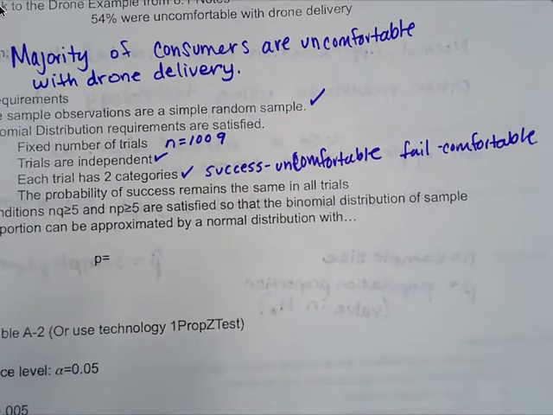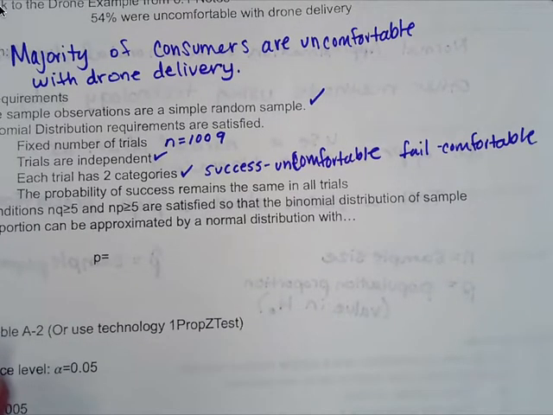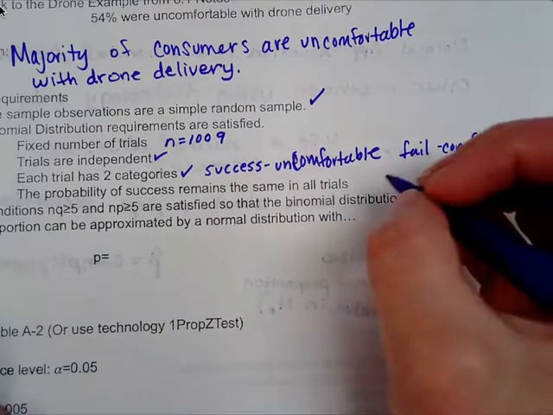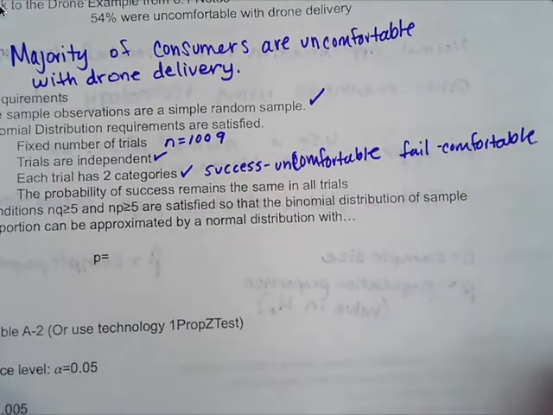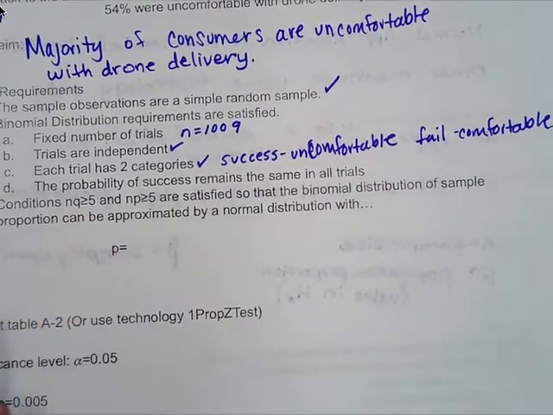The probability of success remains the same. Success is uncomfortable. It says majority, so remember how we talked about 0.5 being the number of majority. If it's greater than 0.5, then it's considered majority. So probability of success remains the same, half. N times Q is greater than 5.